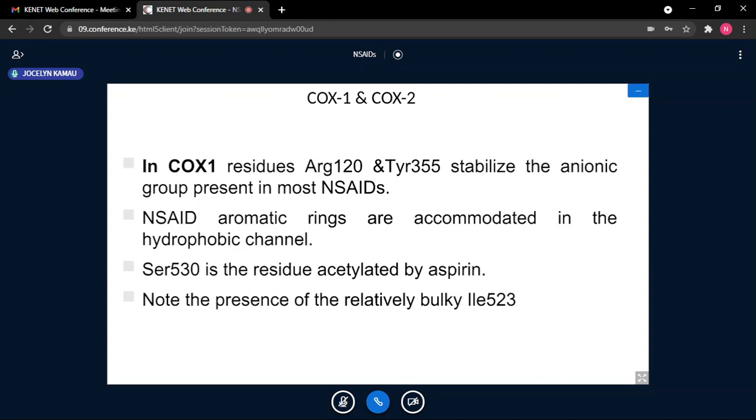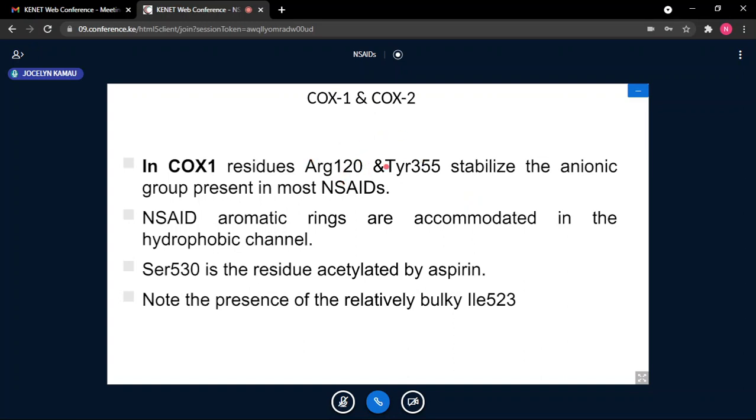COX-1 and COX-2. We don't really have to know which residue is where, but we are saying COX-1 residues, arginine 120 and tyrosine 355, stabilize the anionic group present in most non-steroidal anti-inflammatories. All we are saying is that when this drug comes in, it will be stabilized by a particular site, and that's what we have called the arginine and tyrosine.